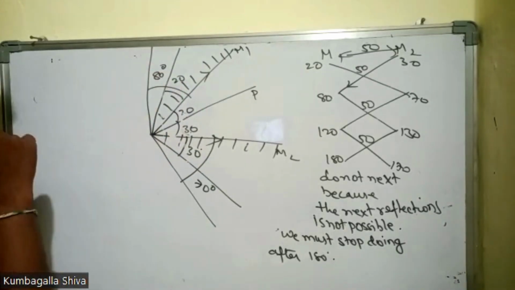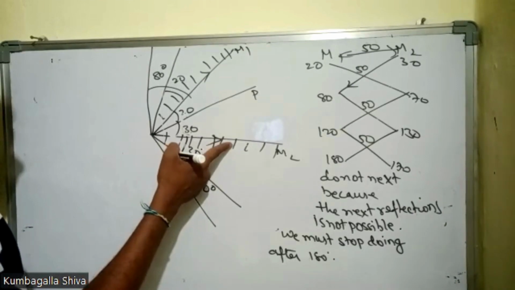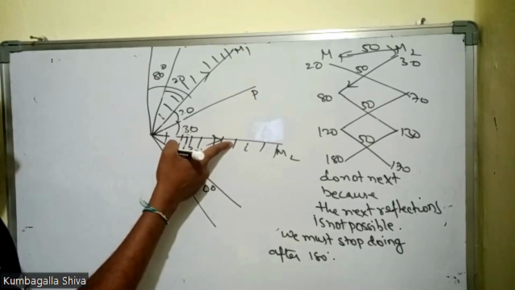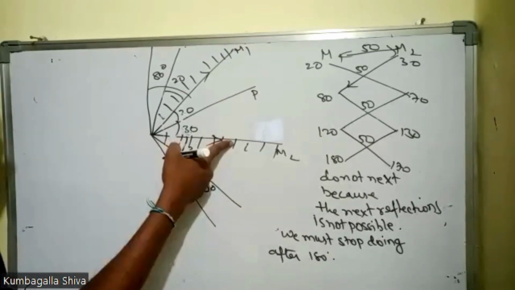Right? Next, now M2 is observing the object on M2 and the object on M1. How much?